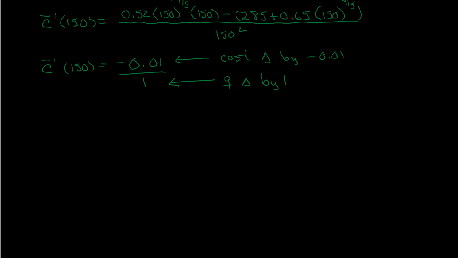Well, what it's saying is that if we go from making 150 bottles to making 151 bottles, the cost to make the 151st bottle drops by a penny. It's called economy of scale. Oftentimes, up to a point, the more of something you make, the cheaper it is per unit. And you can see that happening here because if we make one extra bottle, the cost to make just that one extra bottle is 1 cent less than the other bottles.